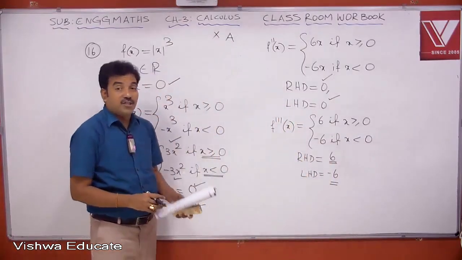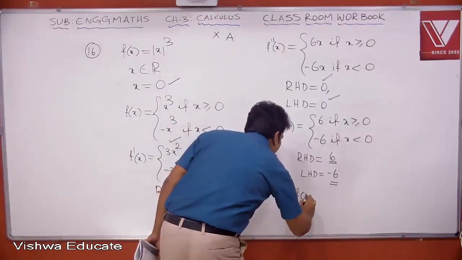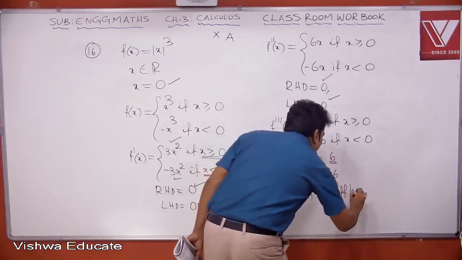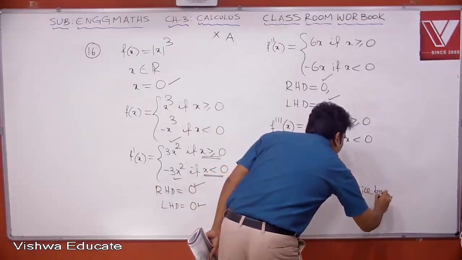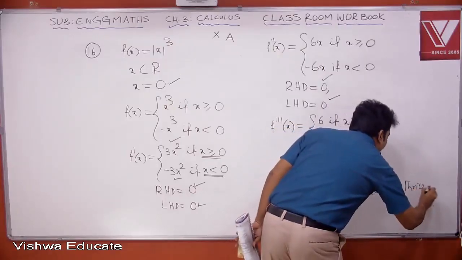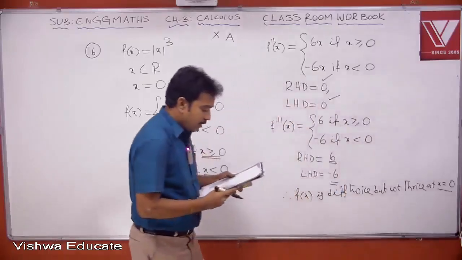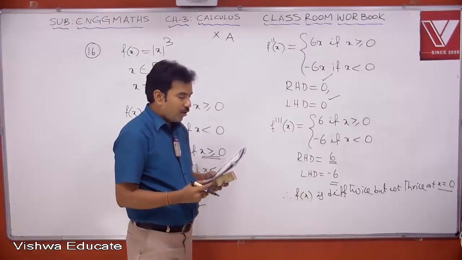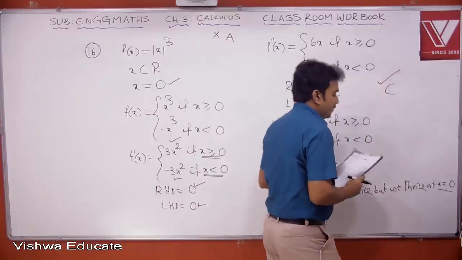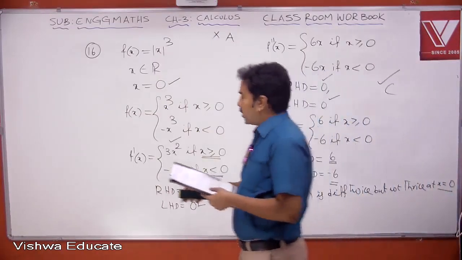Therefore, f of x is differentiable twice but not thrice at x equal to 0. So what is the correct option? Twice differentiable but not thrice. So option C is the right answer. Now, let us move to question number 17.